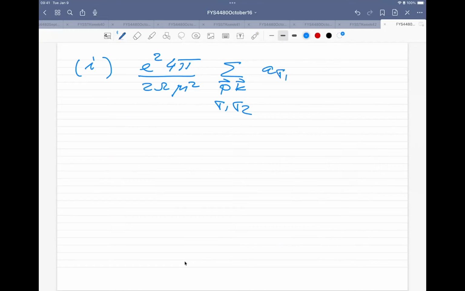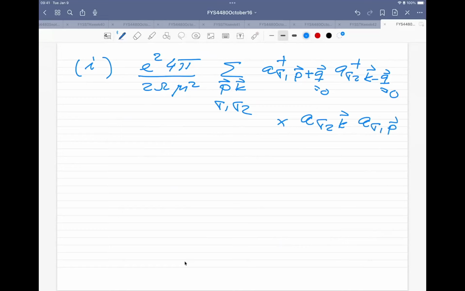We have an A sigma 1 dagger of P plus Q, and Q is equal to 0, remember that. So this is put equal to 0, so we don't need to deal with that one. And then I have an A sigma 2 dagger here of K minus Q. Originally I had minus Q, so let's just put in minus Q, but just keep in mind that that one is equal to 0. And this is multiplied by A of sigma 2 of K, and then I have an A of sigma 1 of P.